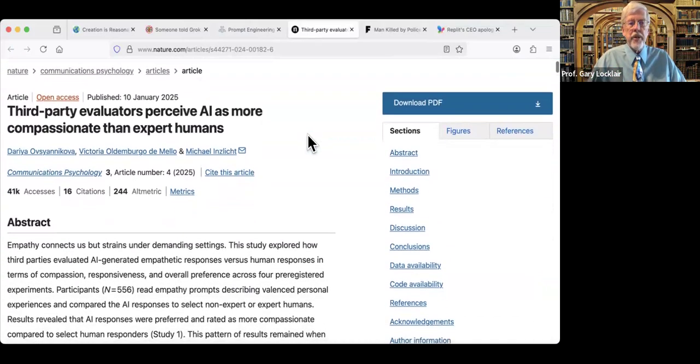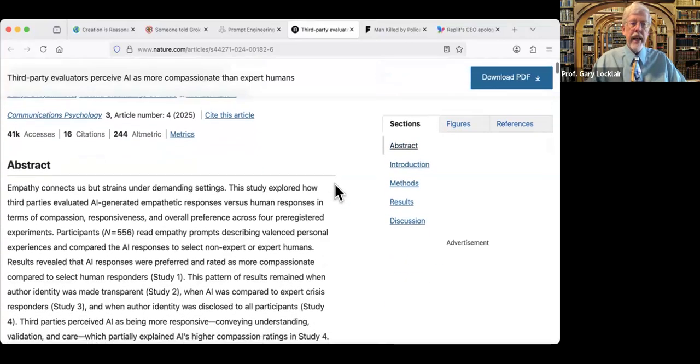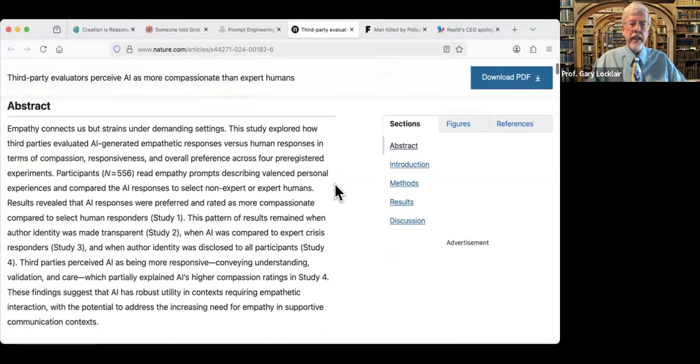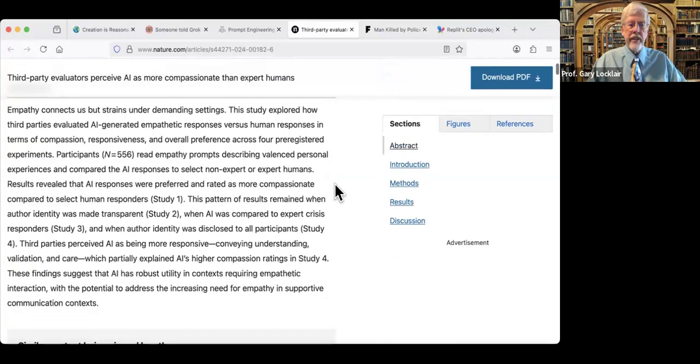Third-party evaluators perceive AI as more compassionate than human experts. People using AI have found that it is more compassionate than another human being. Empathy connects us, but strains under demanding settings.